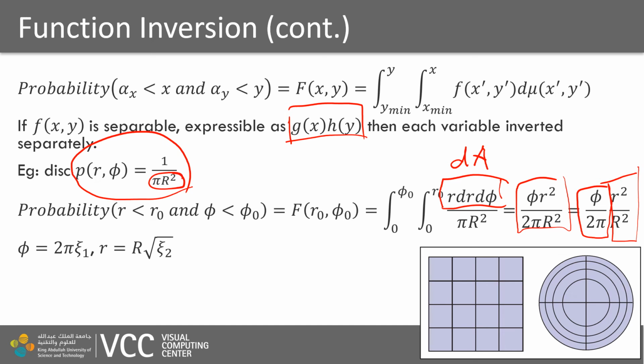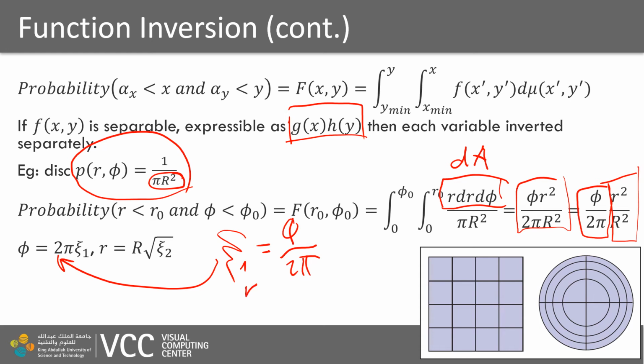So our canonical random variable will be equal to phi divided by 2 pi, and from that we can derive that phi will be equal to 2 pi multiplied by the canonical random variable, and something similar can be defined for r.